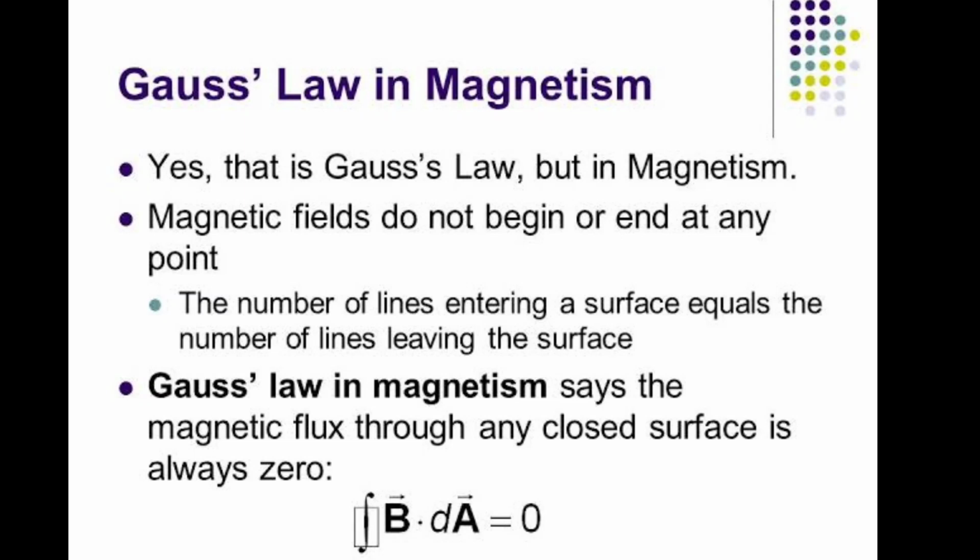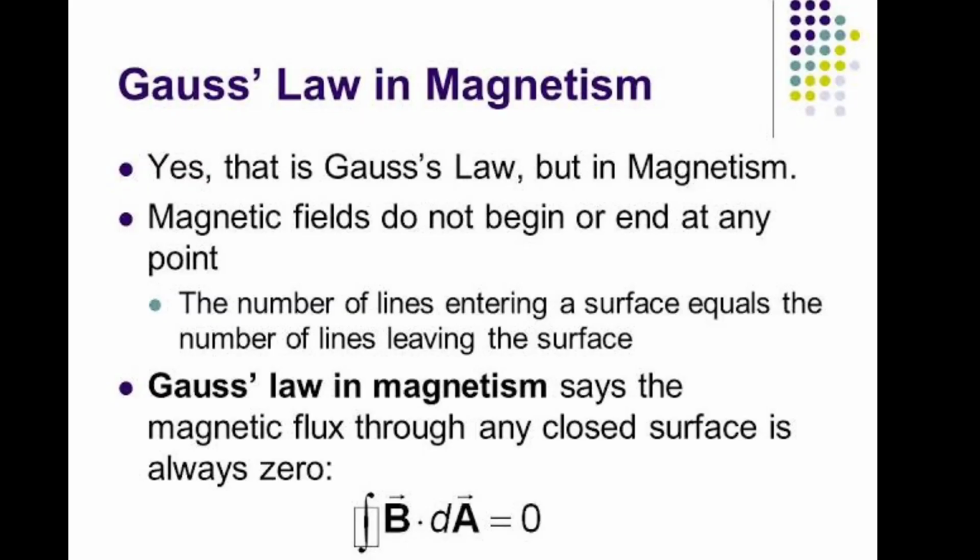Yes, there is a Gauss law in magnetism, and this time we are going to study this law in the case of magnetism. According to the Gauss law in magnetism, the magnetic flux through any closed surface is zero. This law suggests that isolated magnetic poles cannot exist.